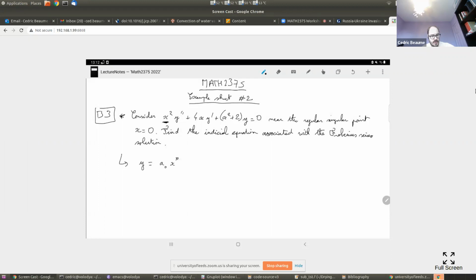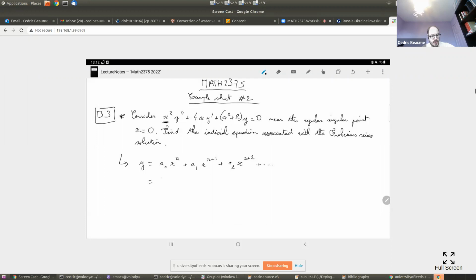We'll start off with the power r, plus a1 x to the power r+1, plus a2 x to the power r+2, etc. Well, this is kind of annoying to write, so we'll have a more condensed way to say exactly the same thing.